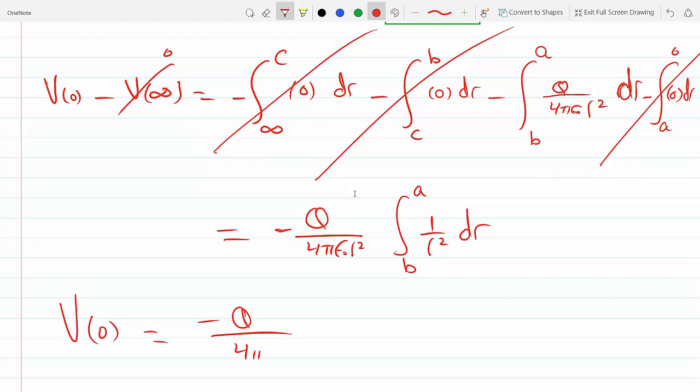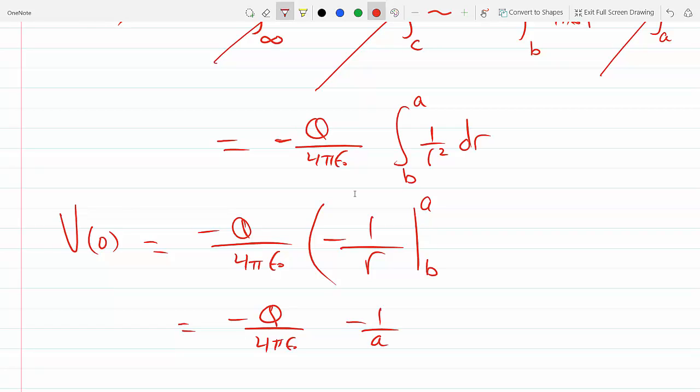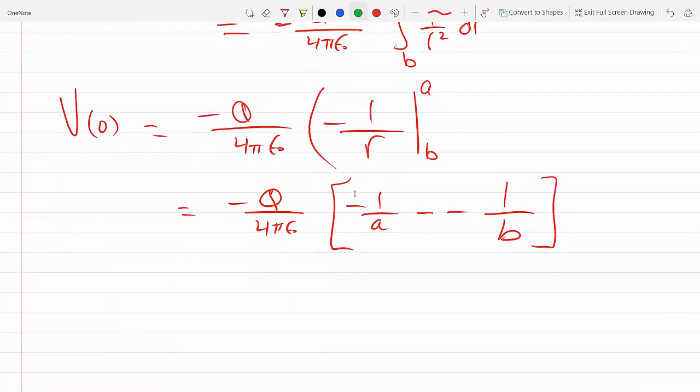So V0 equals Q over 4 pi epsilon. Oops, sorry, this r squared was inside the integral. Minus 1 over r from b to a. And so we get minus Q over 4 pi epsilon times minus 1 over a minus 1 over b. And so the final answer would be V at 0 in this case.